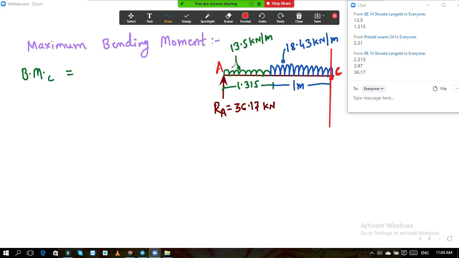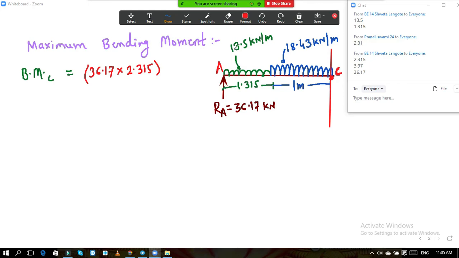This is your point A. So bending moment at C is equal to RA times its distance from point C. As we are calculating the bending moment at point C, the distance of RA from point C is 1 plus 1.315, and RA is moving upward, so we consider it positive. So 36.17 into the distance, 2.315. This is the first term, RA.